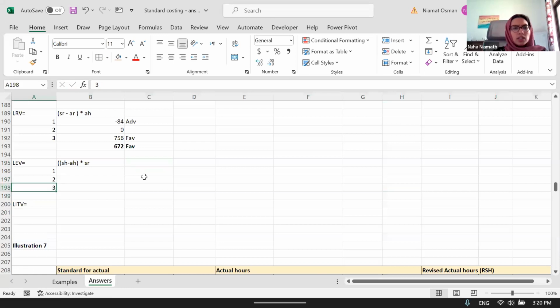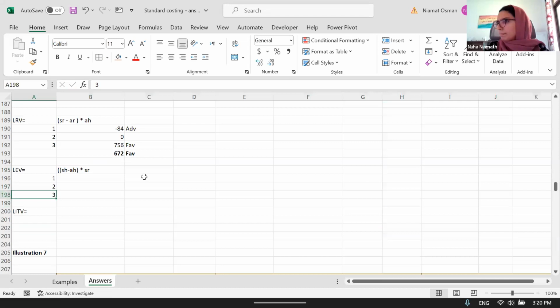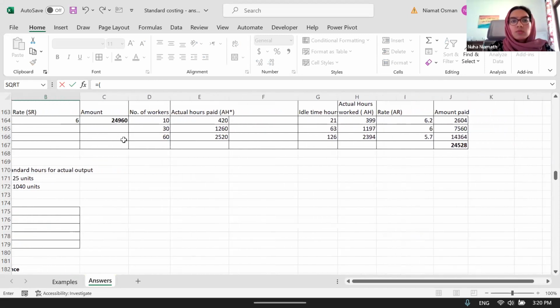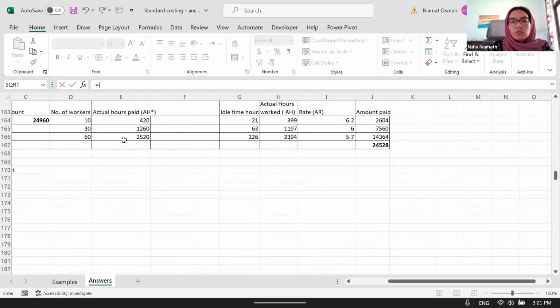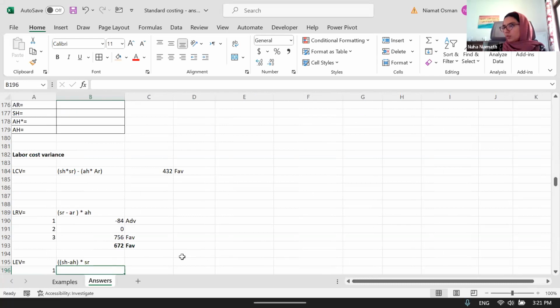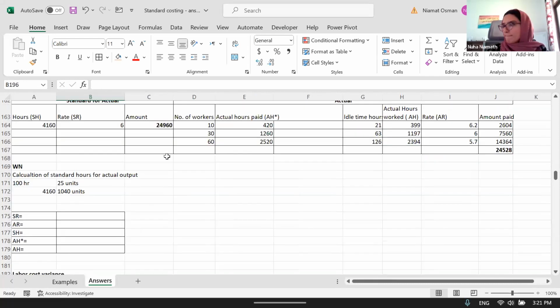No, I don't think we need 1, 2, 3 because this is... yes, we do need. Okay. Standard hours. So then we'll have to find out the standard hours, right?